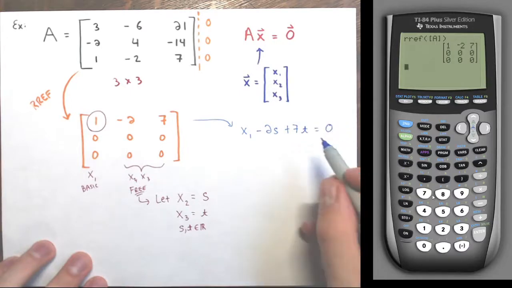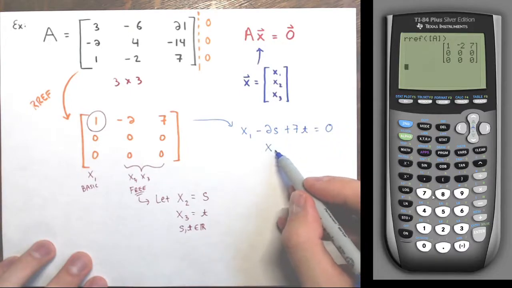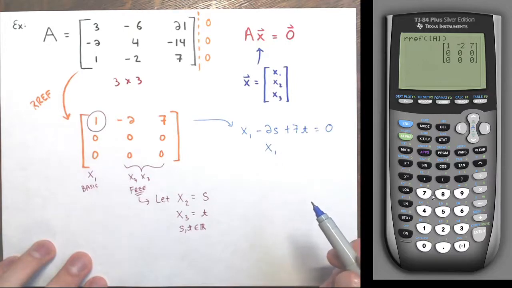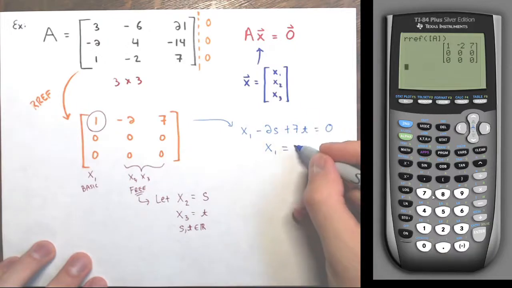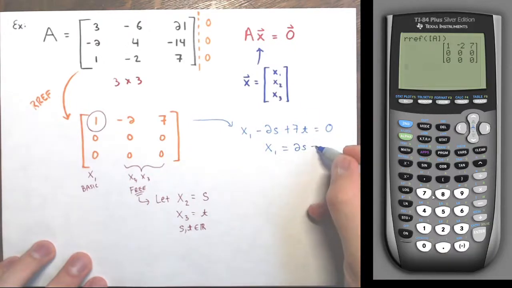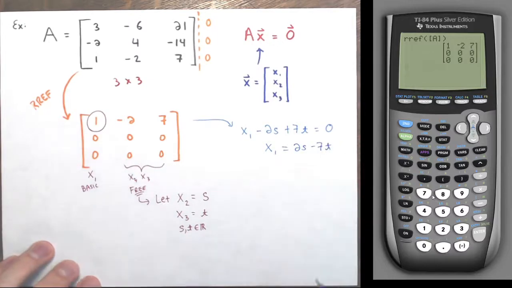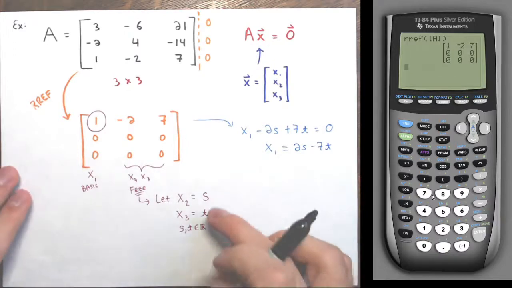I want to make sure I get all my variables, x1, x2, x3, in terms of these free variables, s and t, that I called them. So this would be 2s minus 7t when I solve for x1. Great, so now every single variable in the problem here, x1 through x3, is in terms of these free variables, these parameters, s and t.